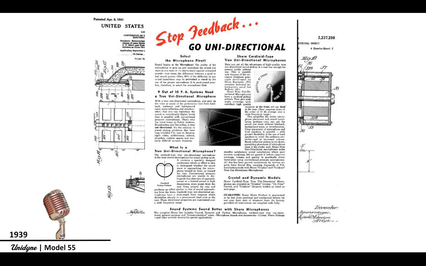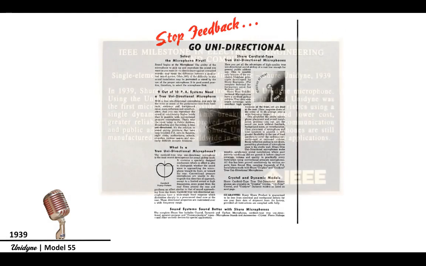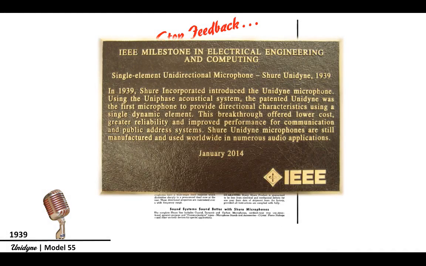And the uniphase principle is what is inside of the Unidyne microphone, and that is what creates rejection utilizing one element. So the way we create rejection, oh, and by the way, we got an IEEE award on this, which was really remarkable. We're in the same category as the invention of the laser and the telephone and the resistor and the silicon chip and sending somebody to the moon and the internet.